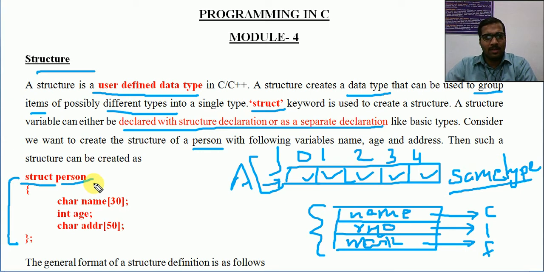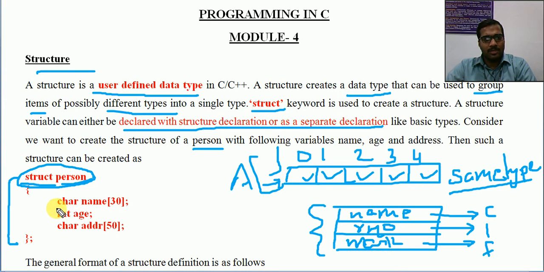Normally when we use this structure concept, we consider these two together as the data type name, not only person. Struct person together is used as the data type name. Then open a curly bracket, an opening brace, and declare all the information required for this particular record.